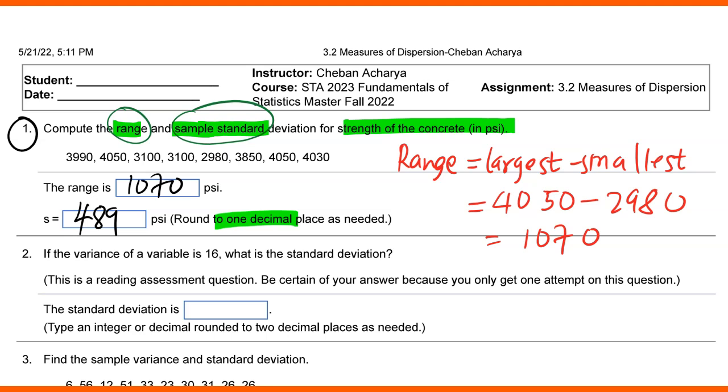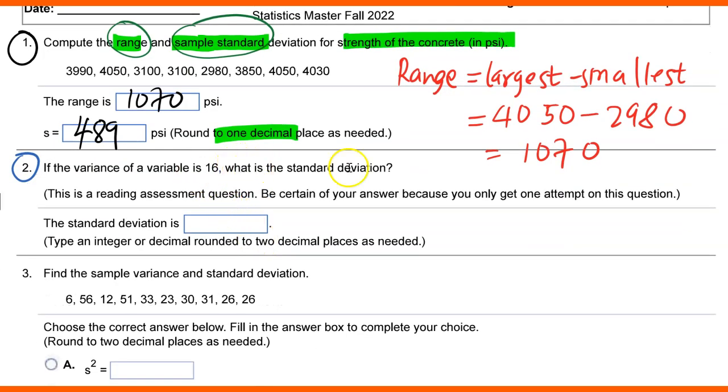Question number 2. If the variance of the variable is 16, what is the standard deviation? Notice that 16 is the variance, and the question asks for the standard deviation. The formula is here: variance is the square of the standard deviation. I put SD for standard deviation.